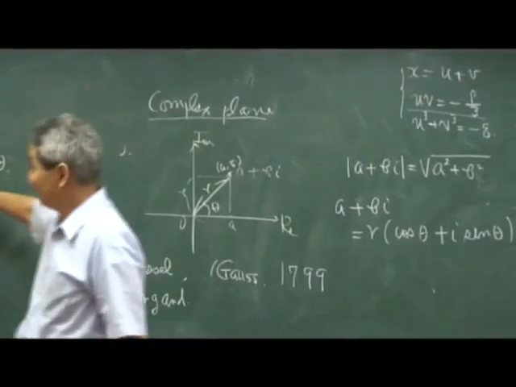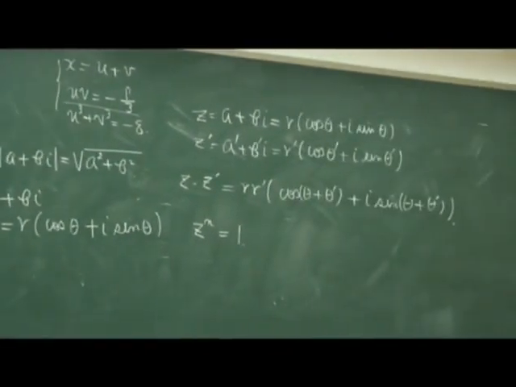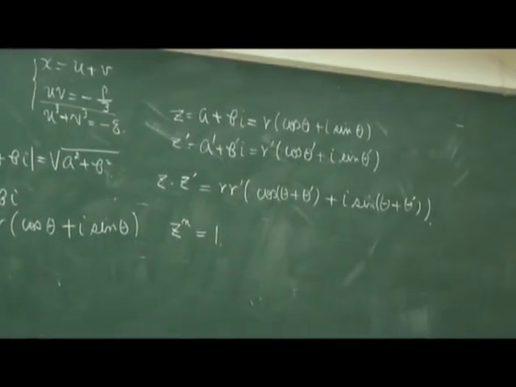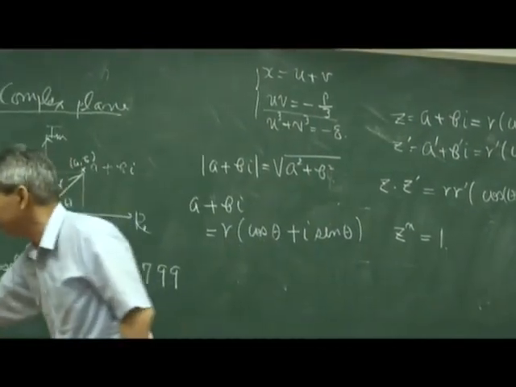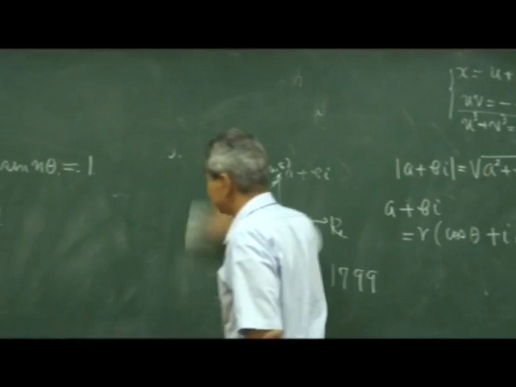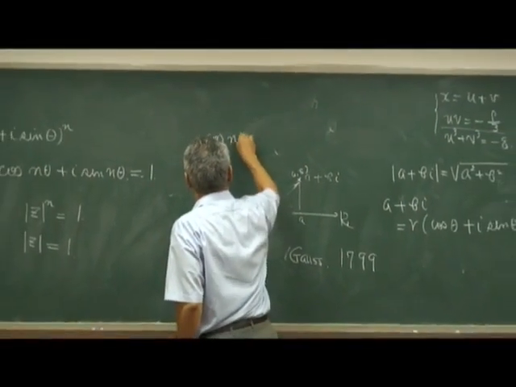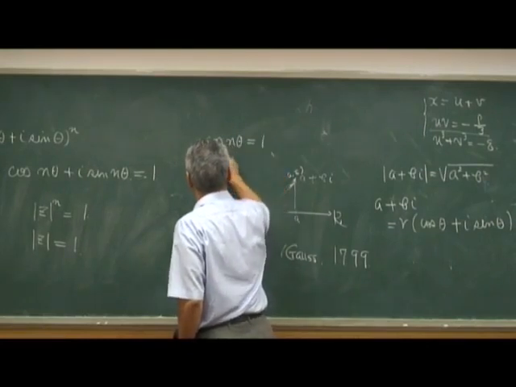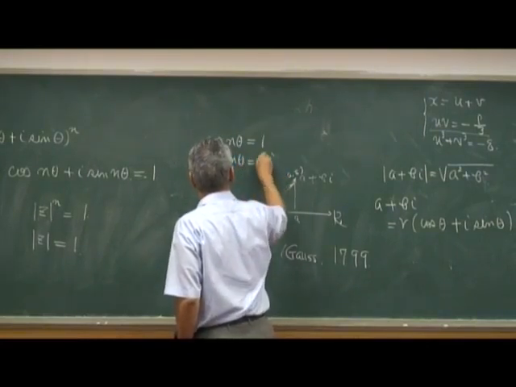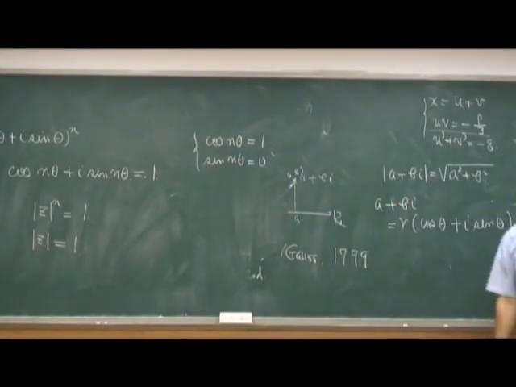Therefore, you can just use this formula. Then this should be 1. Okay, then the only possibility is that cosine n theta is 1 and sine n theta is 0.